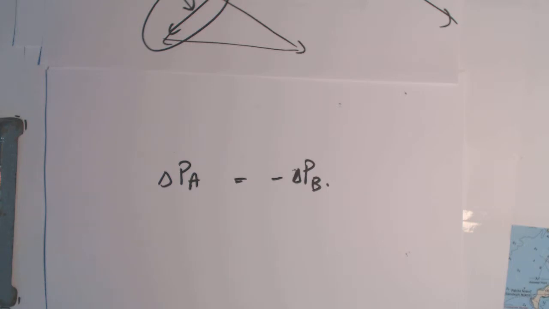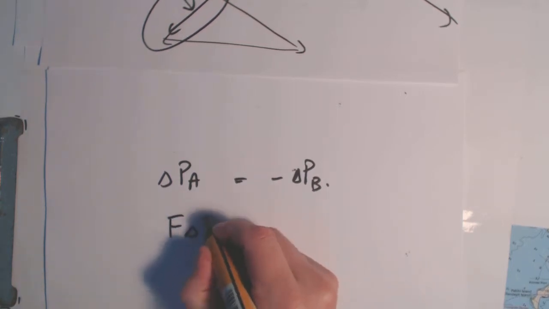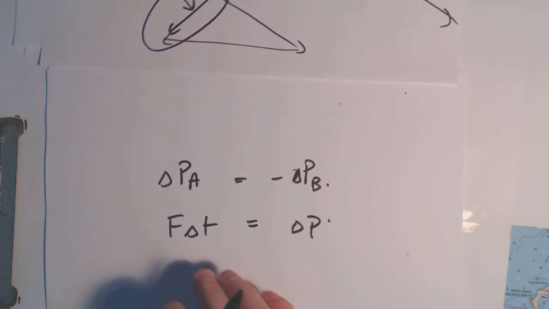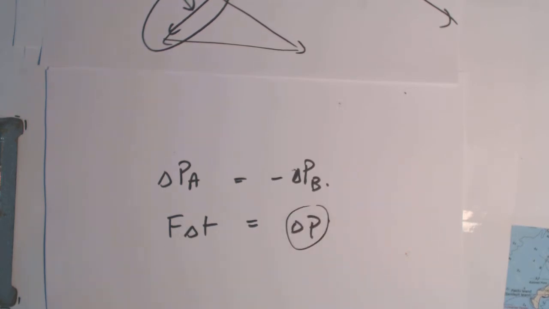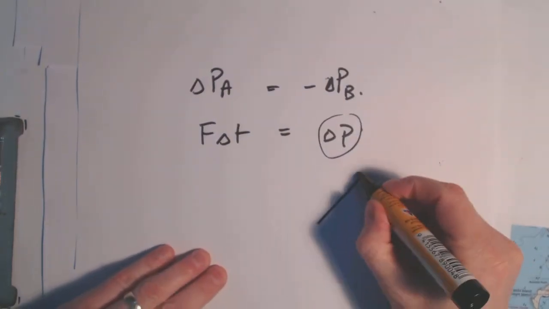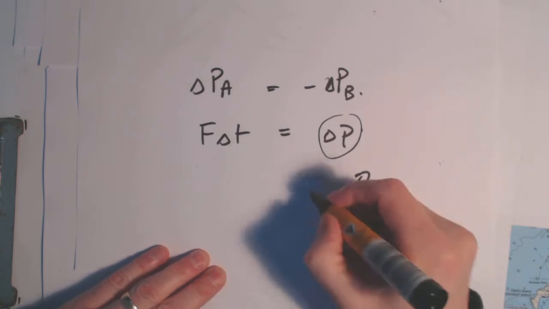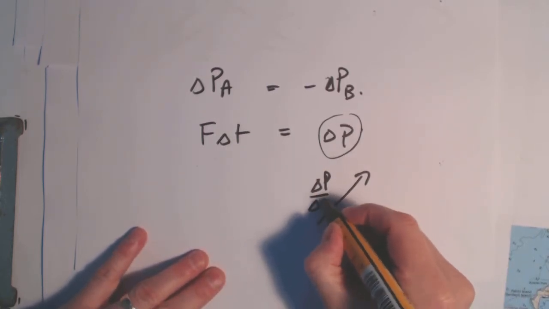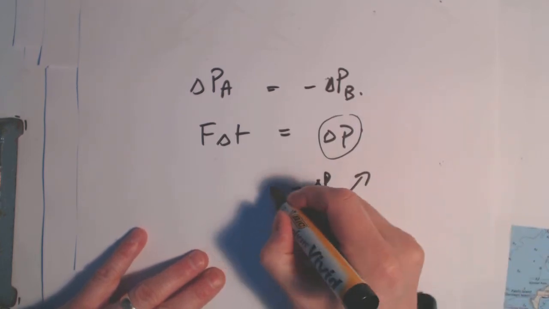Right? Now the other thing is this. Remember this? Impulse. We said that force times delta t equals delta p. So change in momentum is equal to force times delta t, right? So if the change in momentum is equal to F times delta t, then if you've got a change in momentum like that, if you divide that change in momentum by delta t, then you've actually got the force.